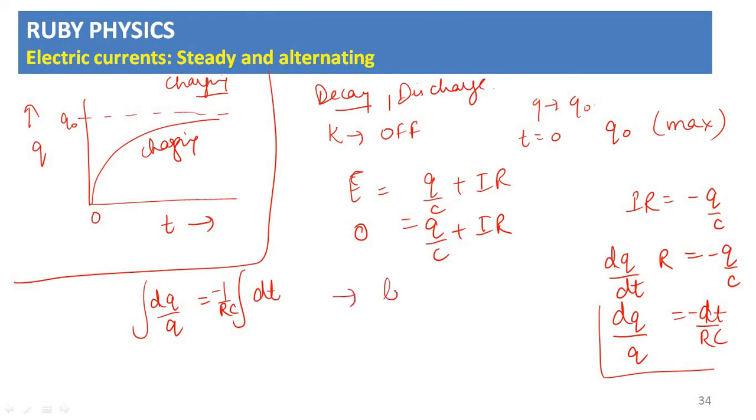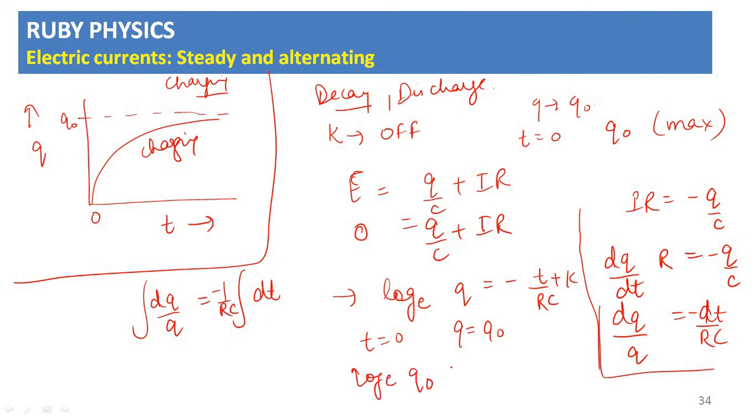We will get log base e Q = −t/RC + a constant of integration K. If you put t equal to 0, at t equal to 0 we have charge equal to Q naught. So log base e Q naught = 0 + K, so K = log base e Q naught.